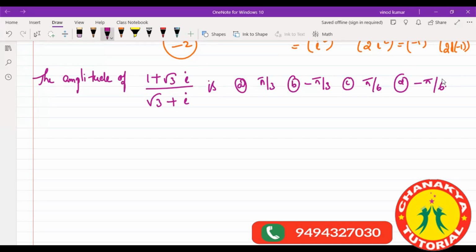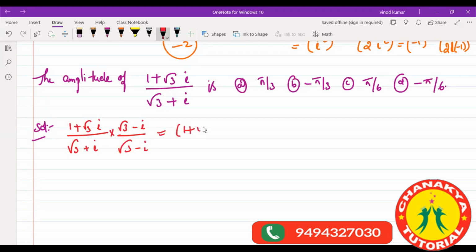So for getting this, simplify the given complex number. Solution: (1 plus root 3 i) by (root 3 plus i), multiply by (root 3 minus i) by (root 3 minus i).